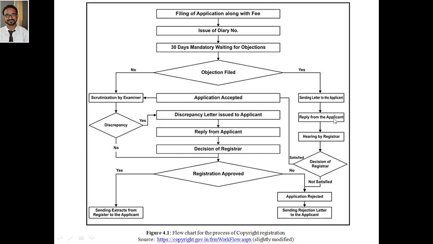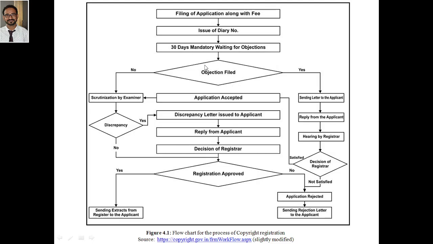Then there is a reply from the applicant, and a hearing of both parties, as we just discussed in the previous slide. Once the hearing is done, the decision is taken by the registrar. If satisfied, the application will be published. If not satisfied, it goes to application rejected.